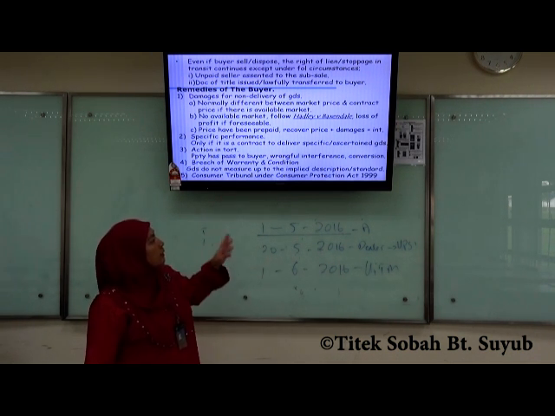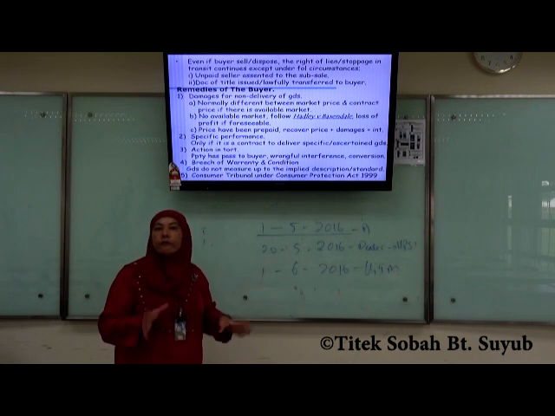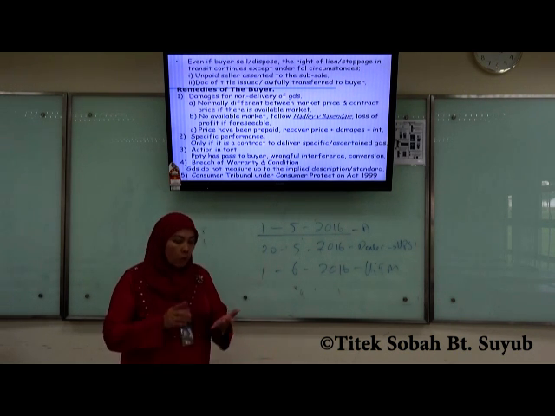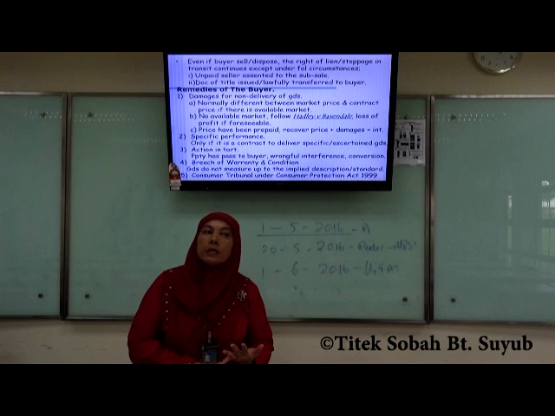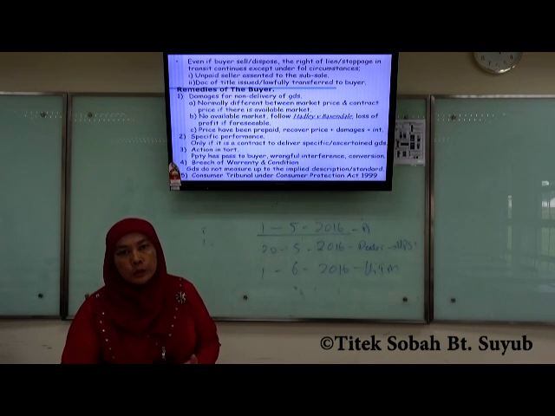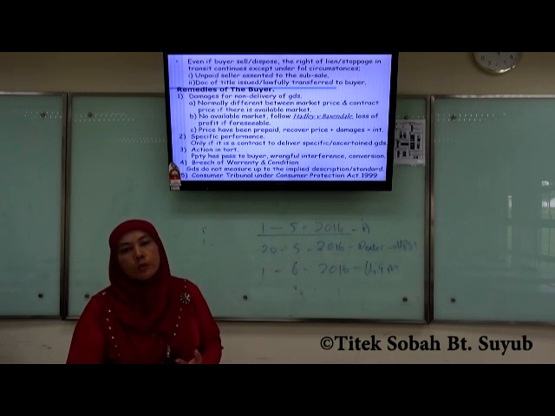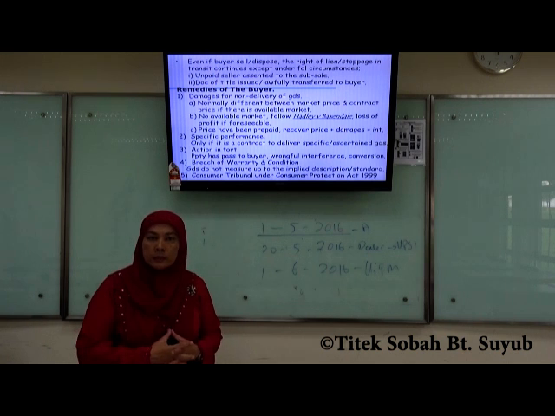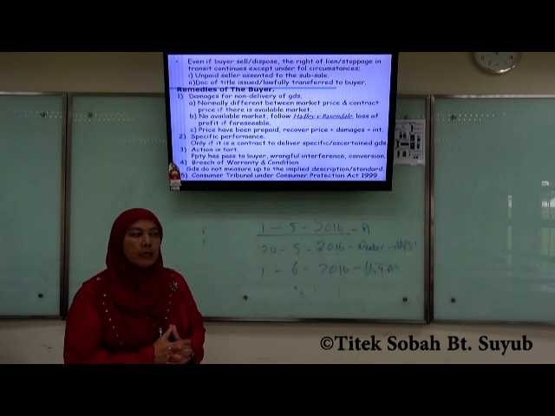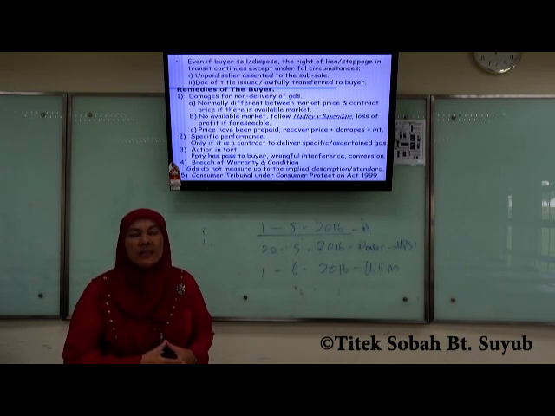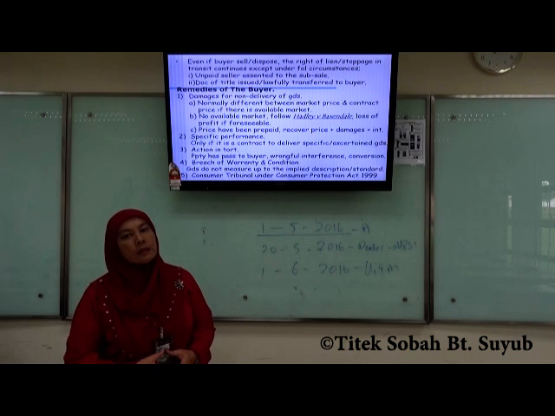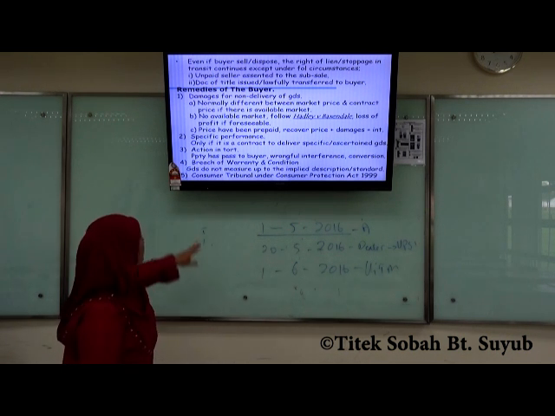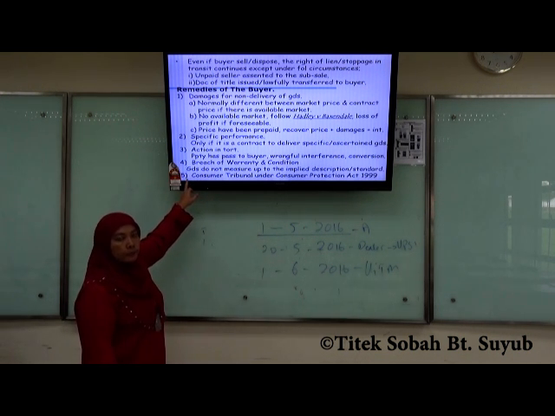It's just that the Consumer Protection Act only covers domestic goods. Domestic goods are goods used for personal or household needs only. So if these goods are involved in industry, then under that situation, the buyer cannot resort to these remedies.